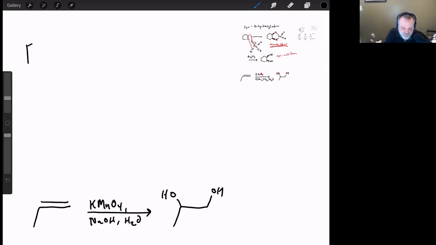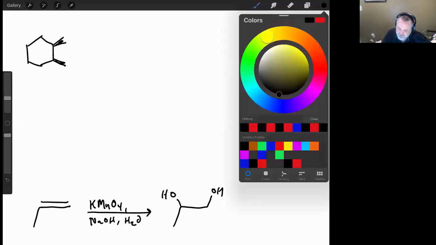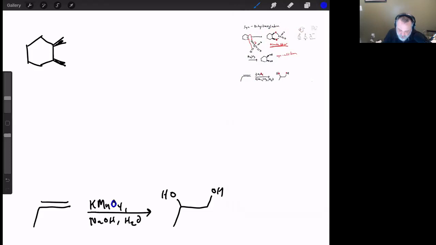But at the end of the day, you have a similar situation. The oxygens that are in the molecule come from the permanganate, and it forms the exact same type of intermediate.